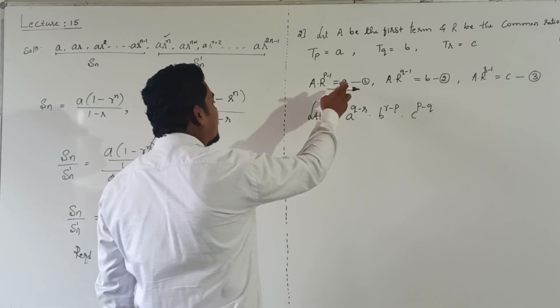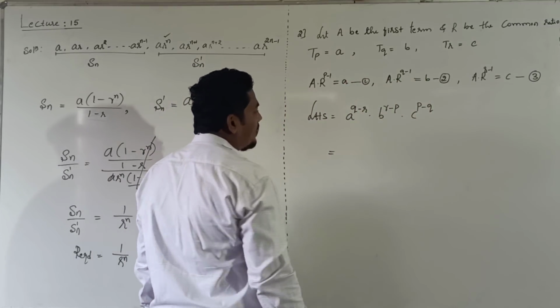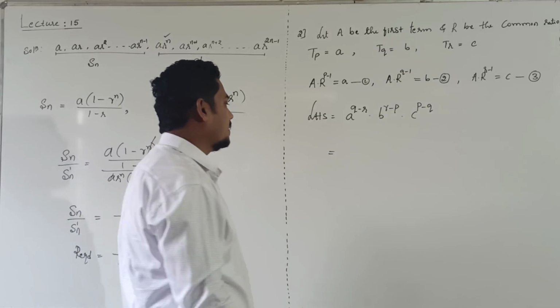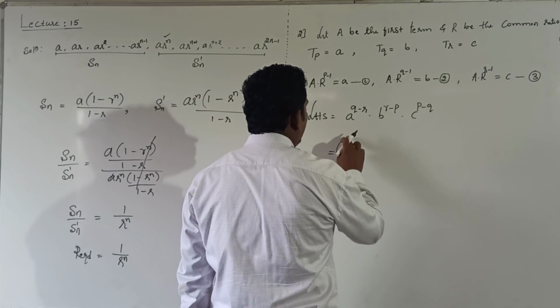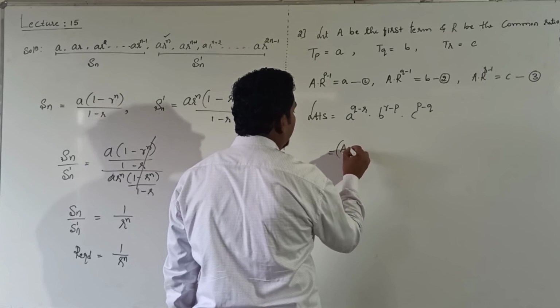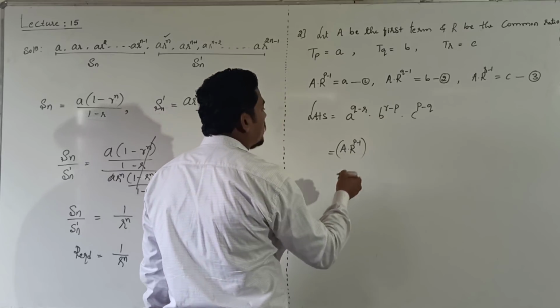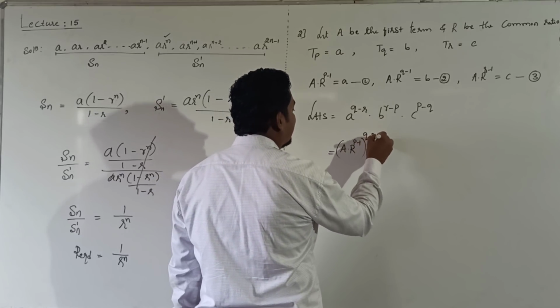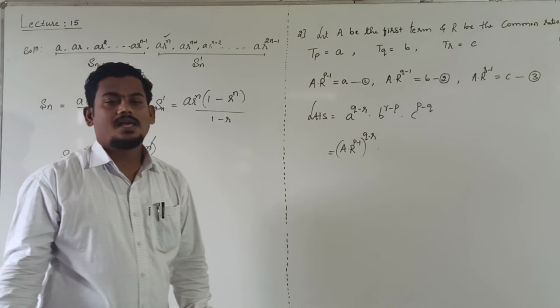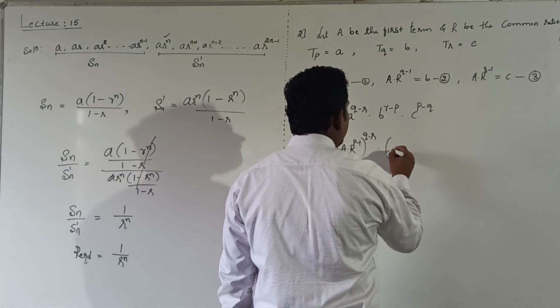Now replace small a, small b and small c values from equation numbers 1, 2, 3. Replace small a, that is capital A into capital R power p minus 1, whole thing power q minus r remains as it is, into. Again replace small b value from equation number 2.